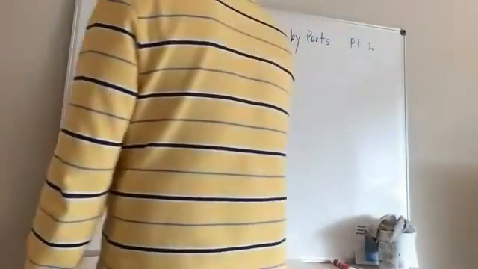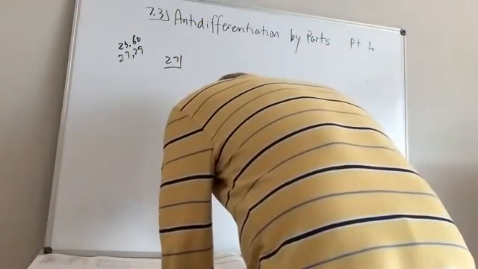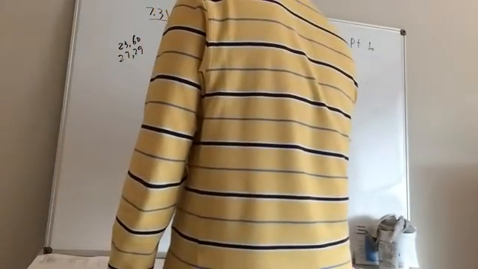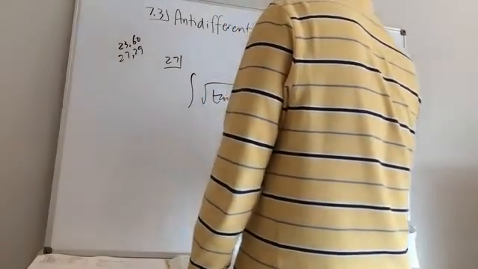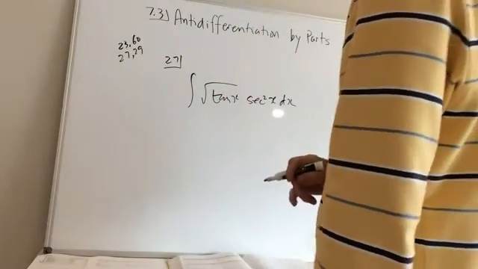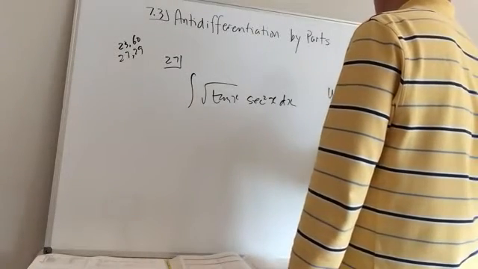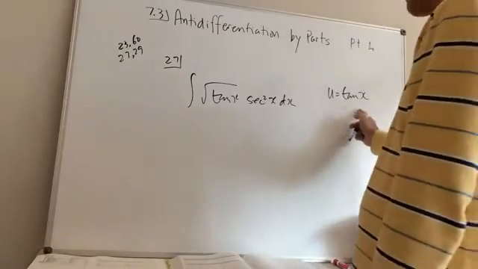27. We have square root of tan x times secant squared x dx. So what did you do here, Christina? I couldn't figure out how to put u. So u is equal to tan x.